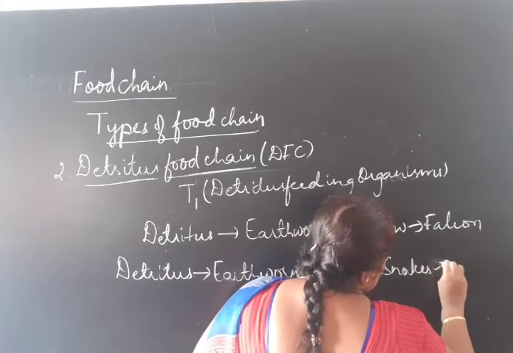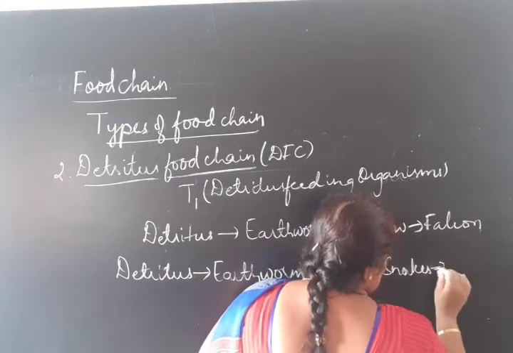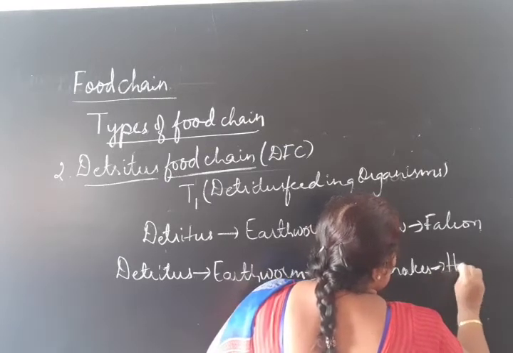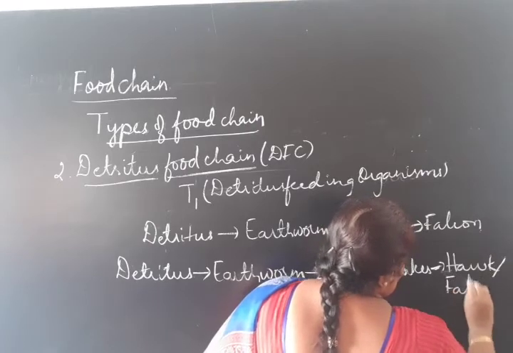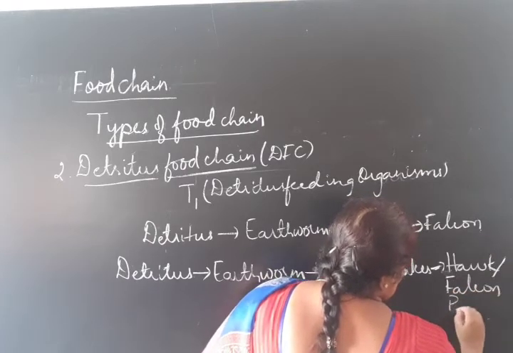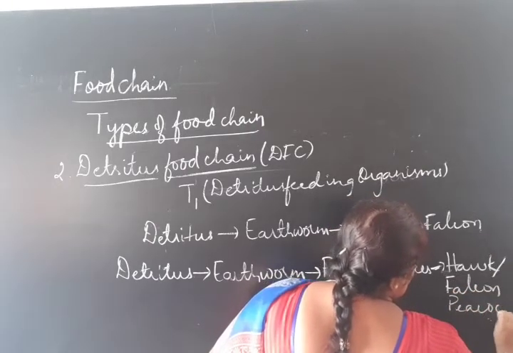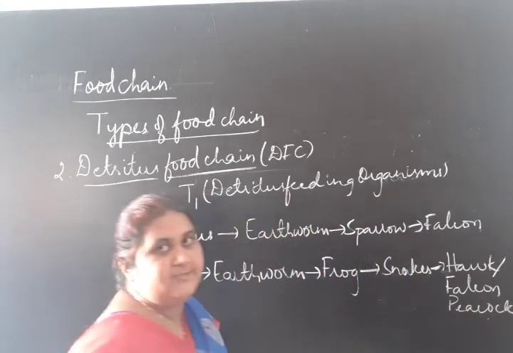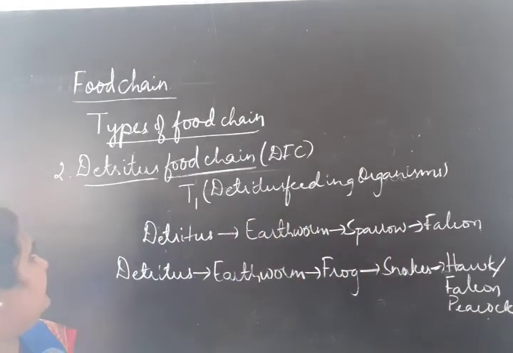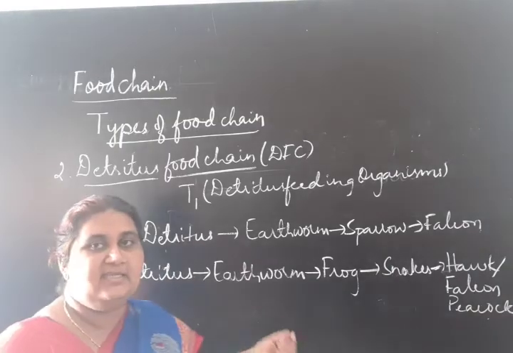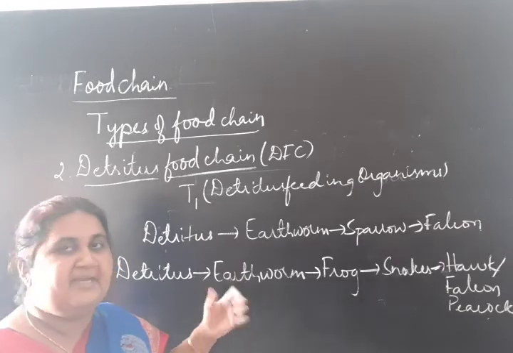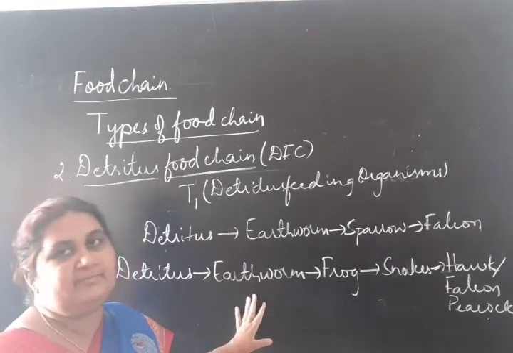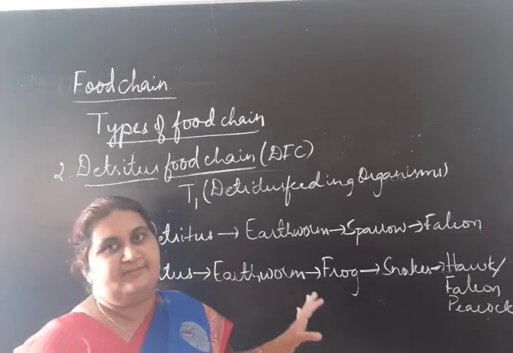Snakes are eaten by the hawk or falcon or peacock. So the first trophic level in a detritus food chain is occupied by the detritus feeding organism. It might be a decomposer or it might be a detritivore.